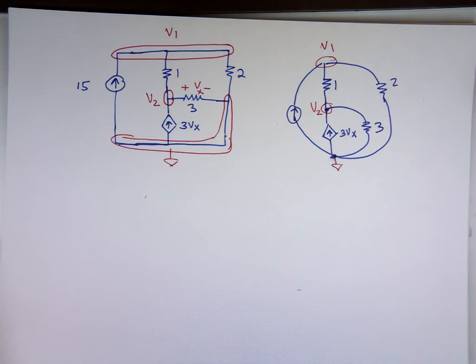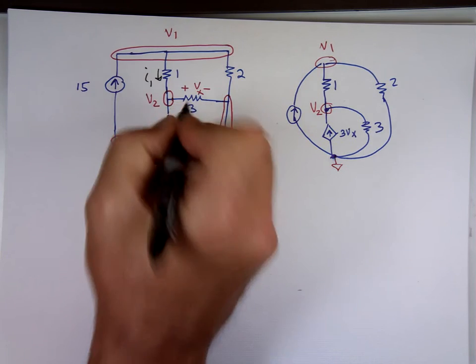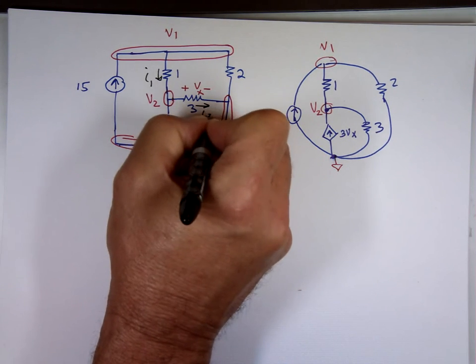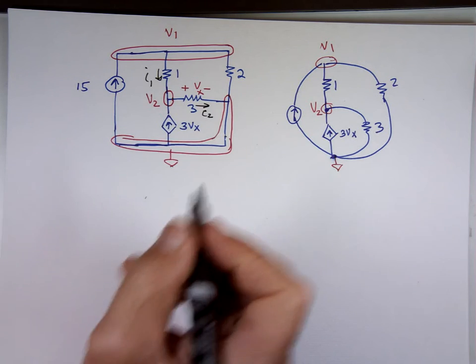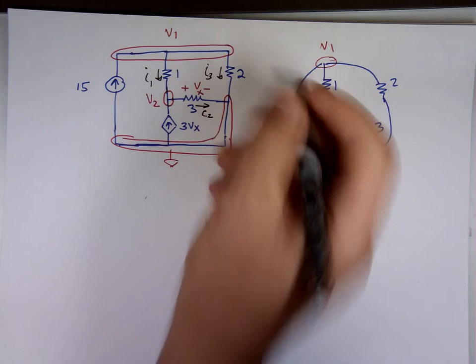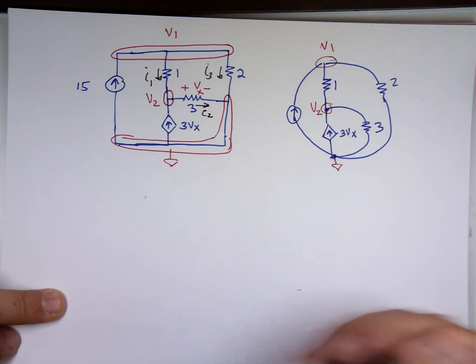So let's assign current, again, in any direction that you want to. This is I sub 1. I'll do it this way, I sub 2. I sub 3. I should have gone 1, 2, and 3, labeling them with the resistor, but we have 20.